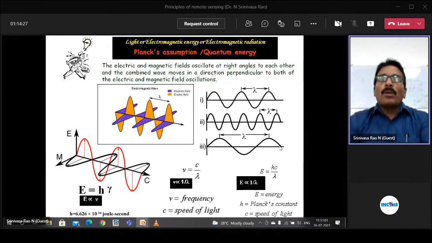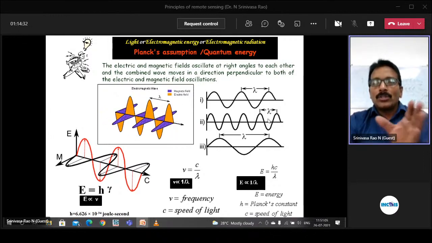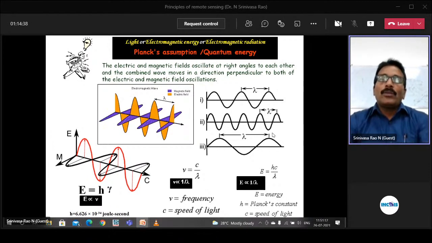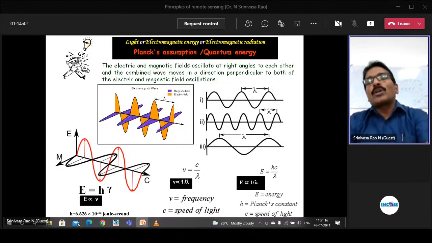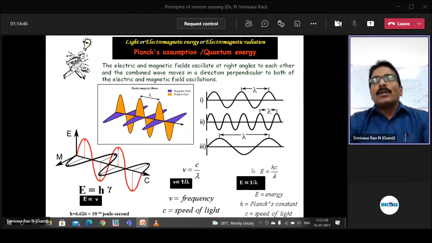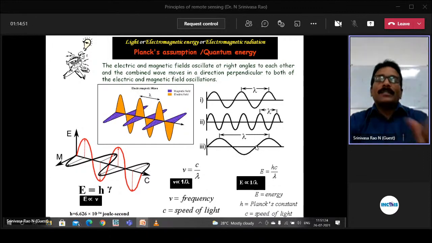So if the wavelength is short, within the short time more waves cross. If wavelength increases, fewer waves cross within 1 second of time. One wave you can consider as one packet of energy.